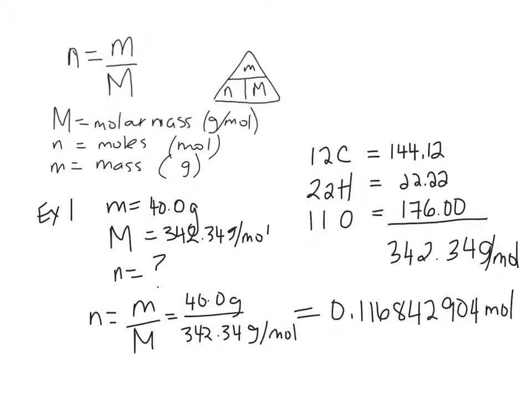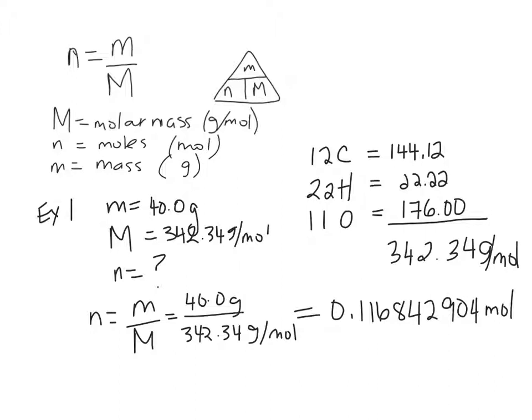So let's go back up to our initial data. How many significant digits in 40.0? 3. There's trailing zeros and a decimal, so they both count. How many significant digits in your molar mass? 5.